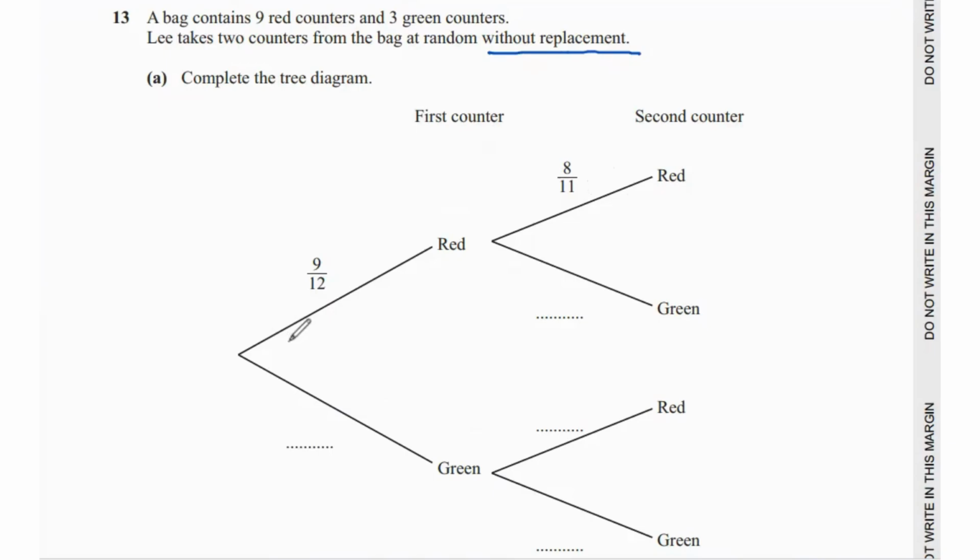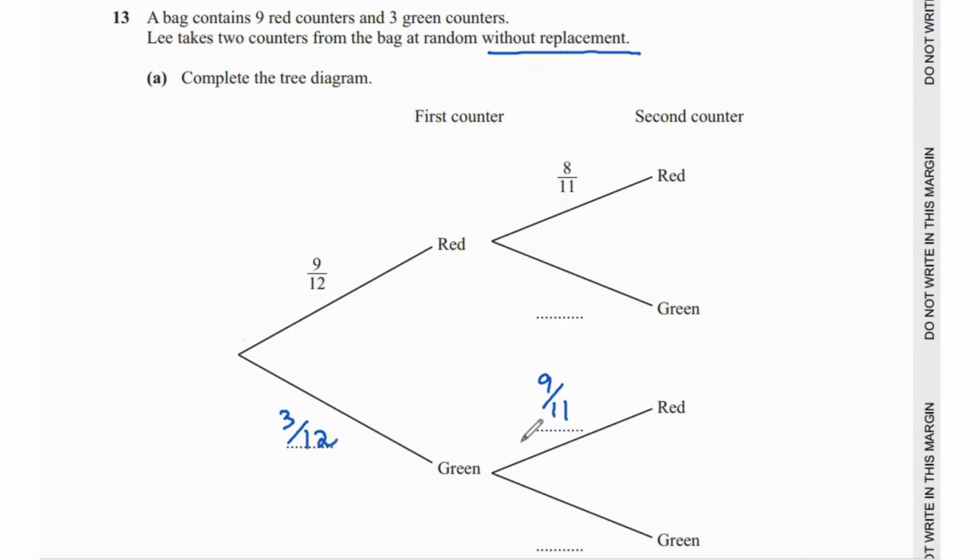So if the probability of getting the first counter as red, the probability of getting the green counter as the first counter is going to be 3 out of 12. Then if you have the first green counter and the second red counter, that would be 9 out of 11. The reason why it's 9 out of 11 is because the number of green counters has been reduced by 1.